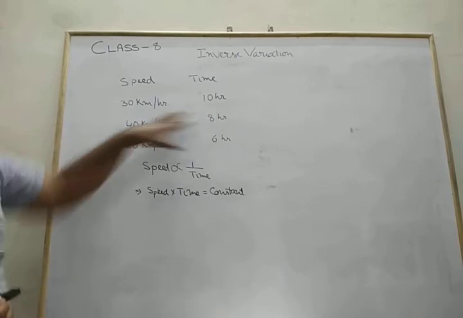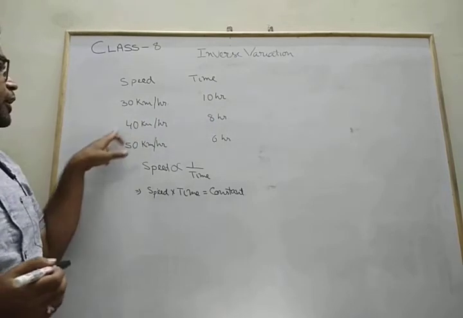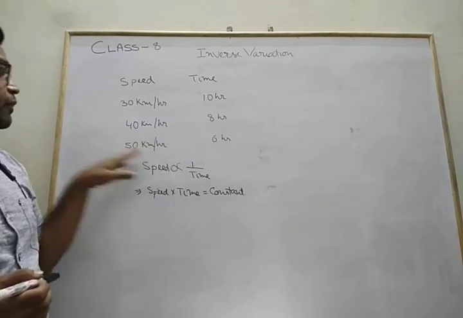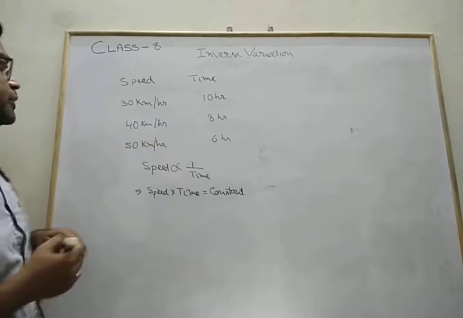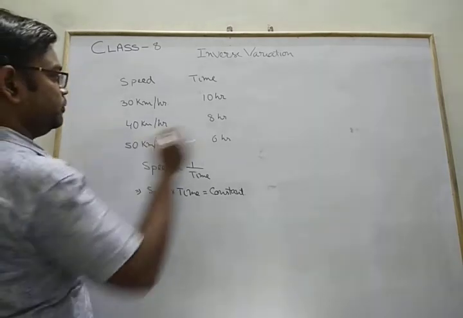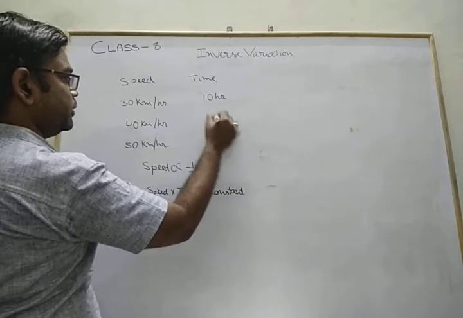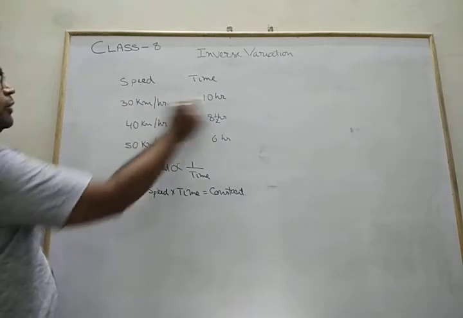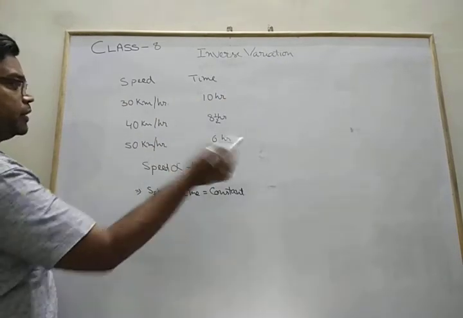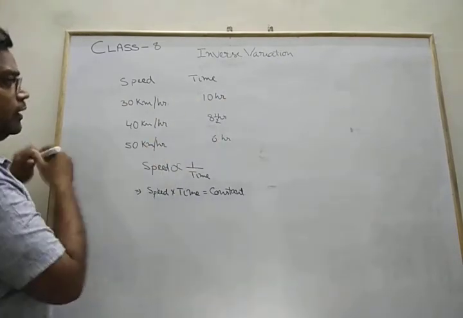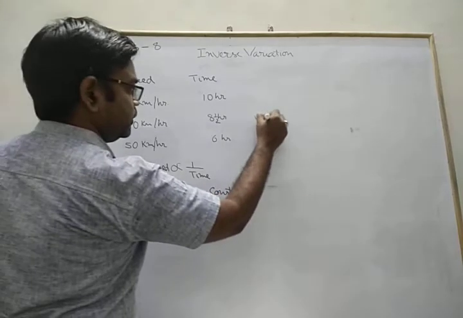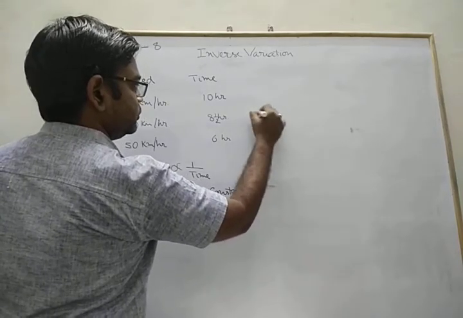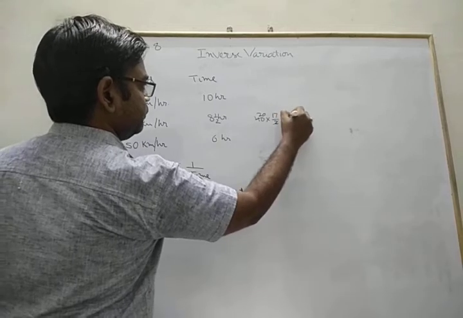Though in this case it's not exactly constant: 30 into 10 is 300, 50 into 6 is 300, but 40 into 8 and a half is about 340.